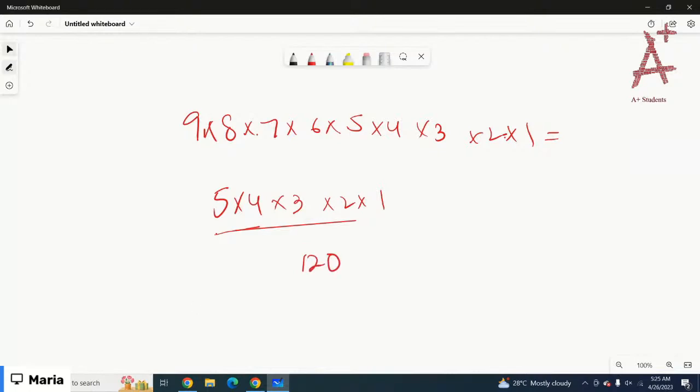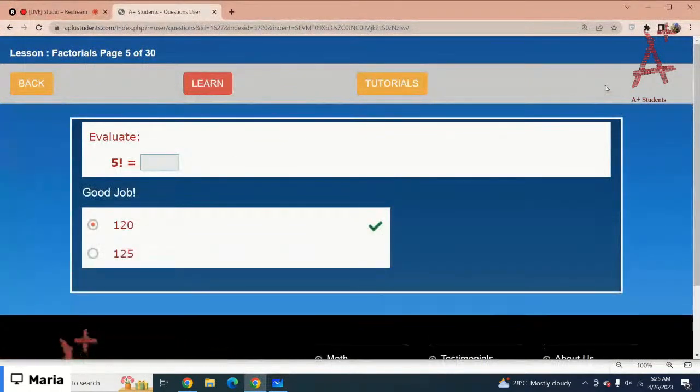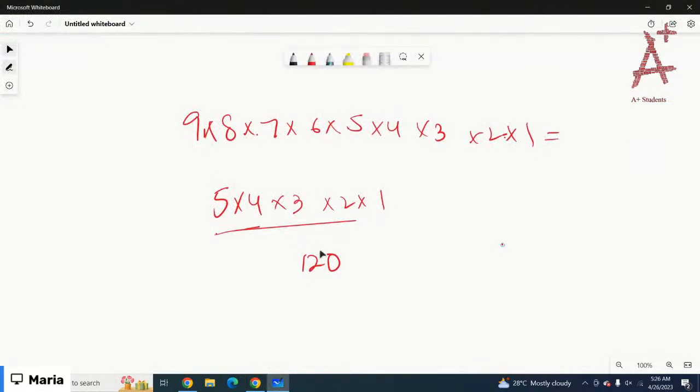So it would be 120. The next one is 4 factorial. So which is the correct option? 4 times 3 times 2. 4 times 3 is 12 and 12 times 2 is 24.